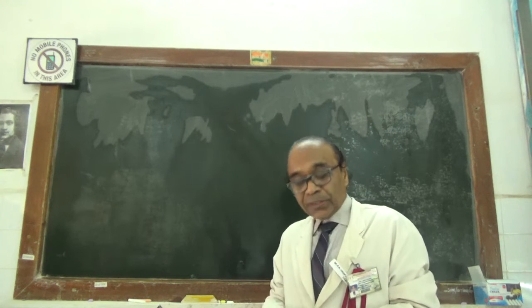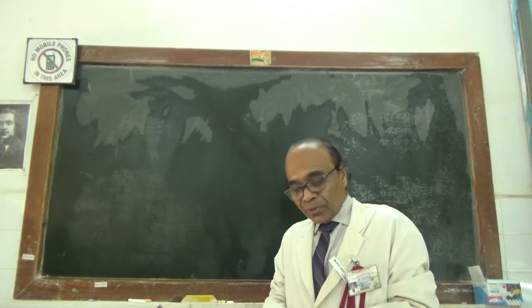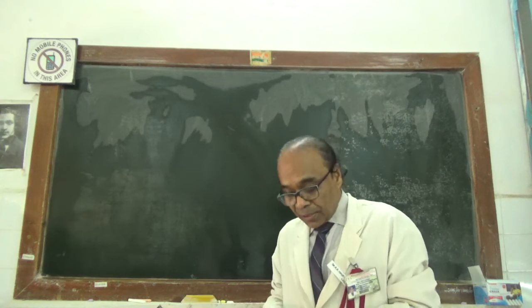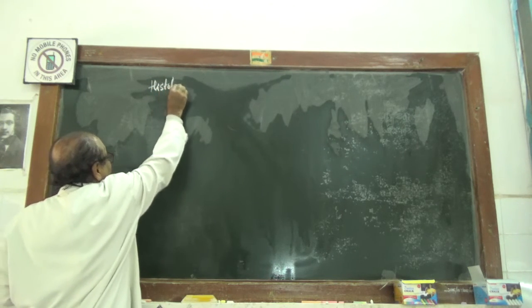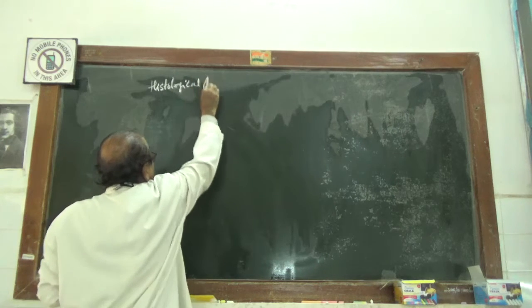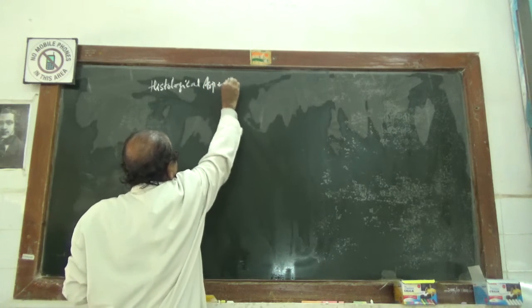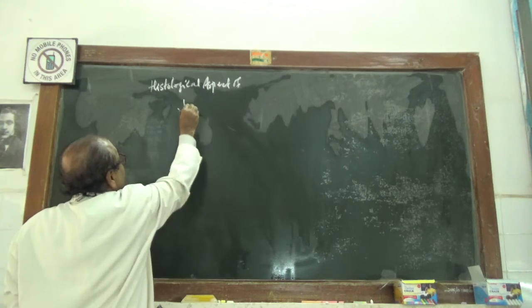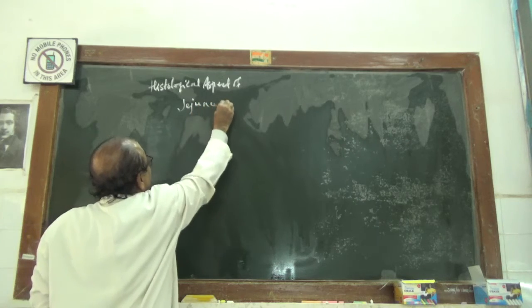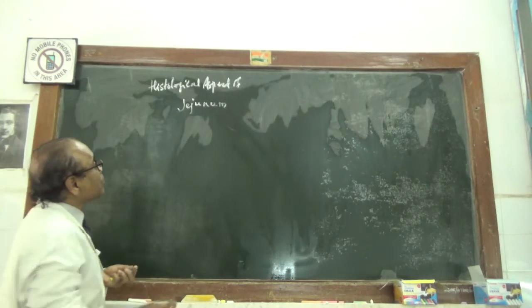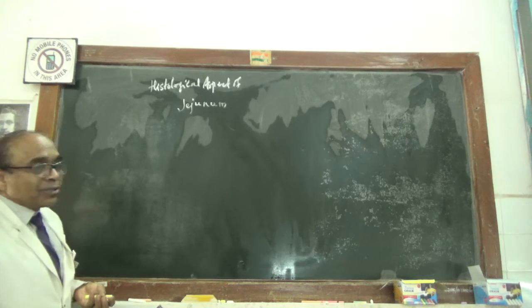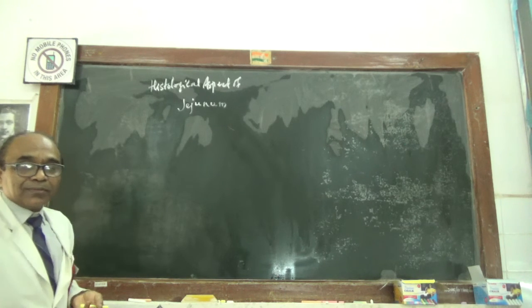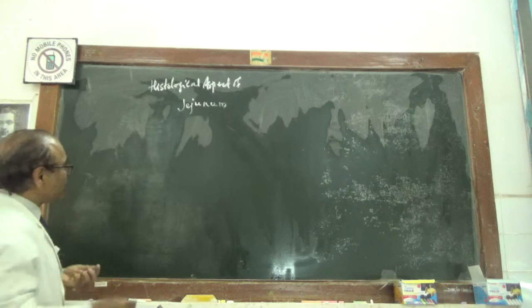So how to study the histology of the jejunum and the ileum? In order to study the histological aspect of the jejunum, one has to take any cut that is transverse.